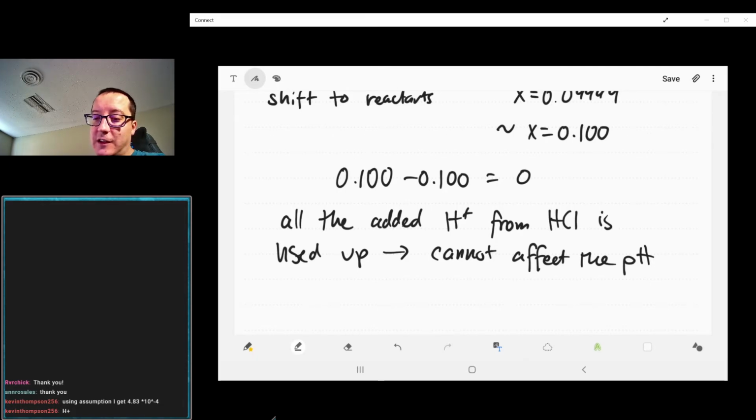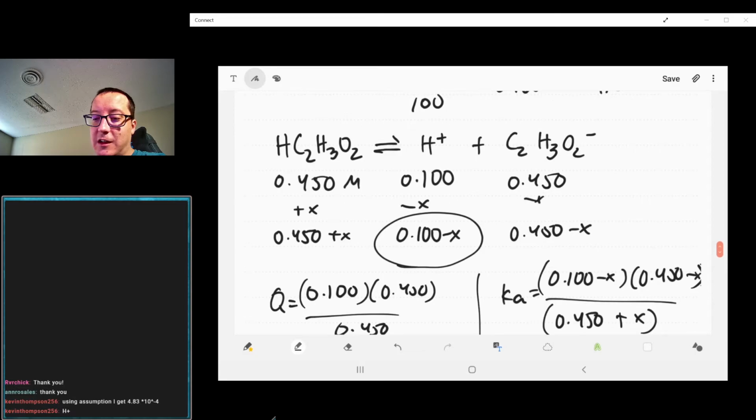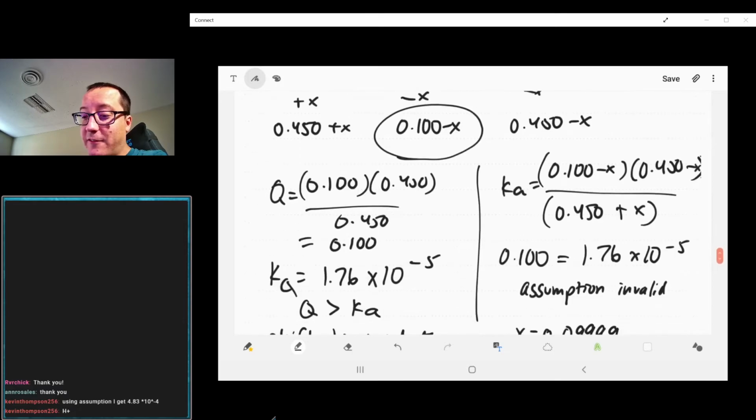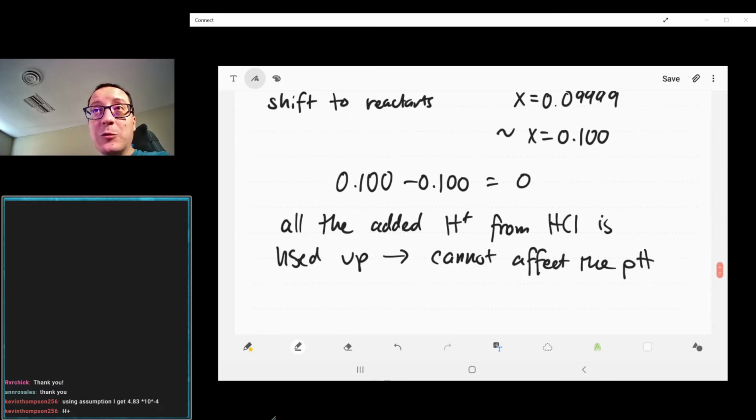Technically, we have reduced our acetate and increased our acetic acid a bit, but overall our H plus doesn't really change. So we've used up all this extra H plus. Lucky us, we don't have to worry about that. Our H plus is going to be roughly the same as it was before, and so we will not have changed our pH, even though we added a not negligible amount of a strong acid. We didn't change the pH.